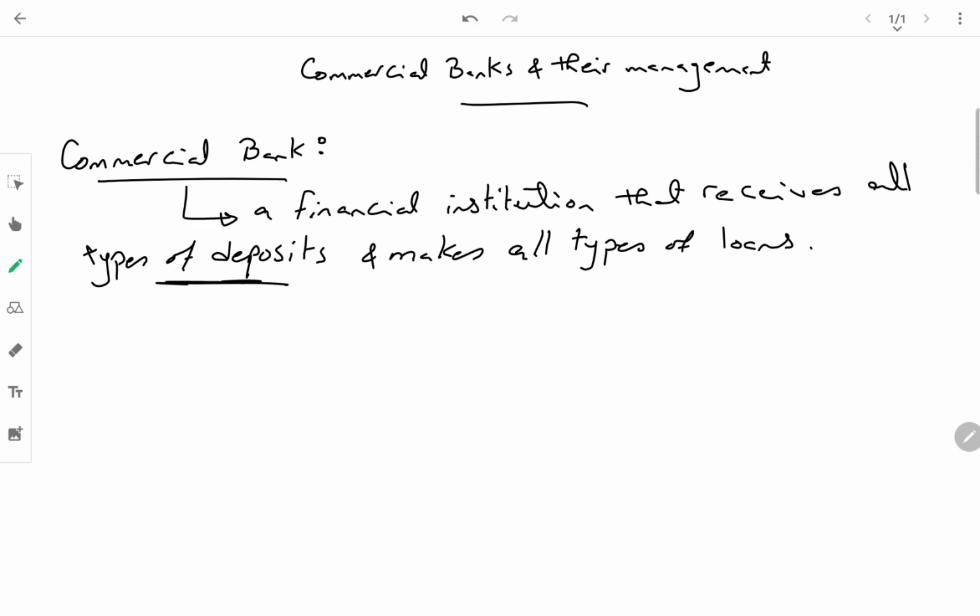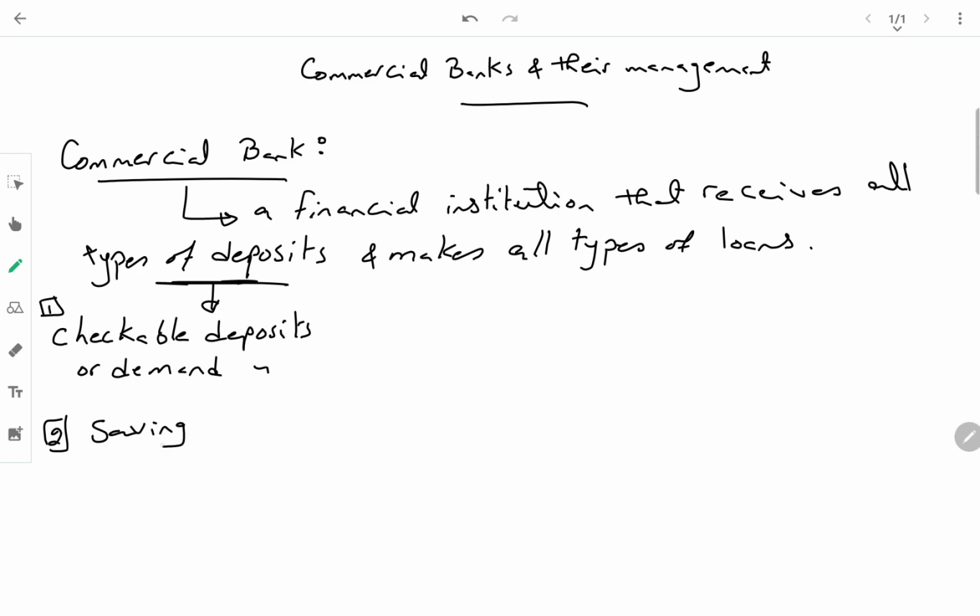What are the different types of deposits? Checkable deposits, also known as demand deposits. This is number one. Number two, saving deposits. And number three, time deposits.